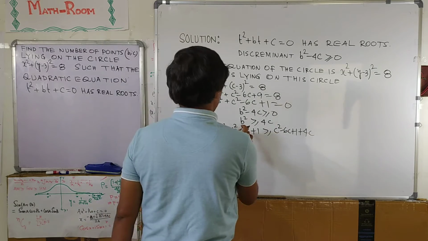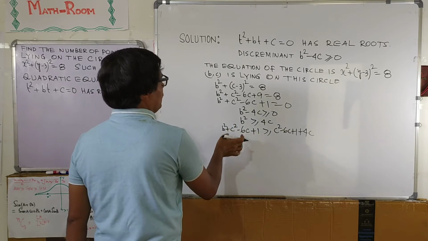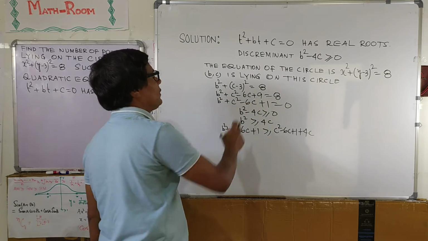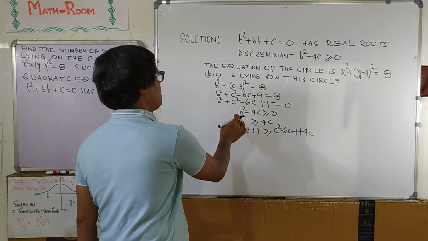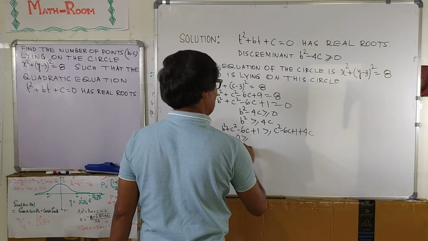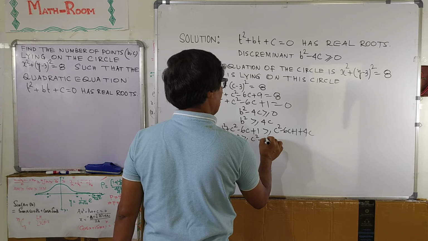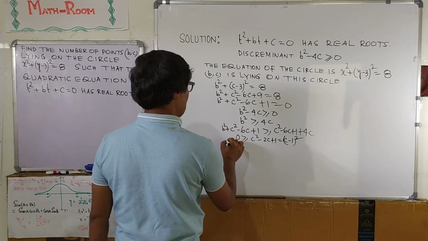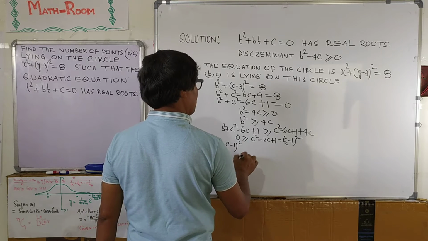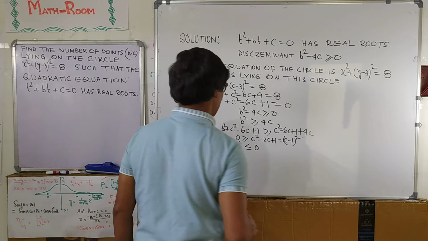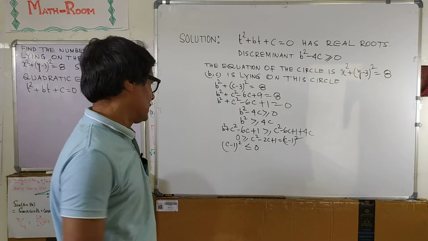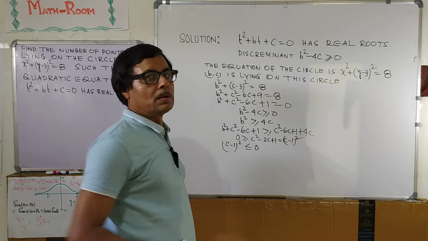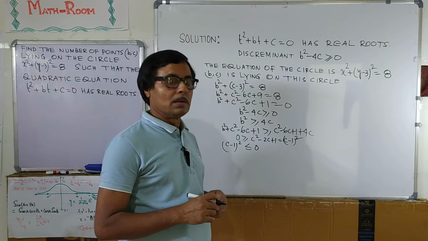We can put the left hand side of this inequality as 0, because b squared plus c squared minus 6c plus 1 equals 0. So 0 is greater than or equal to c squared minus 2c plus 1, which is (c minus 1) whole squared, that is (c minus 1) whole squared less than or equal to 0. Now, the left hand side is a perfect square. We know a perfect square is always non-negative, that is greater than or equal to 0.